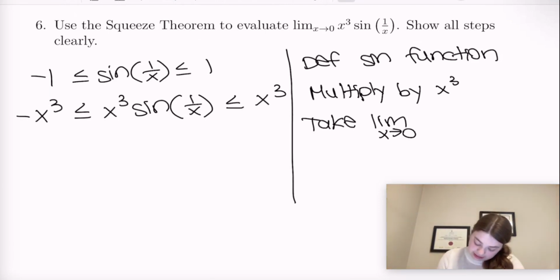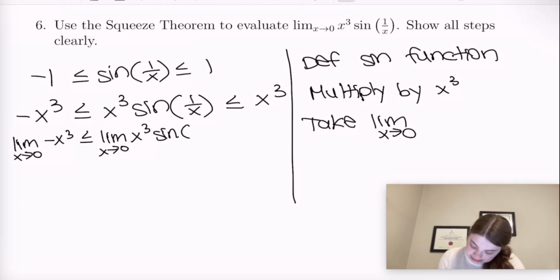So we get the limit as x approaches 0 of -x cubed, less than or equal to the limit as x approaches 0 of x cubed times sine of 1 over x, which is less than or equal to the limit as x approaches 0 of x cubed.